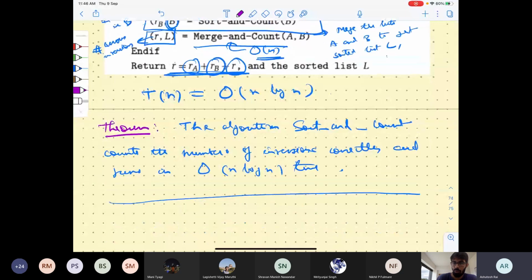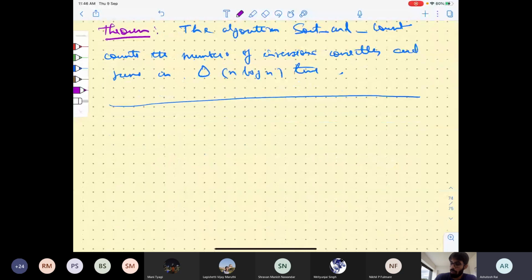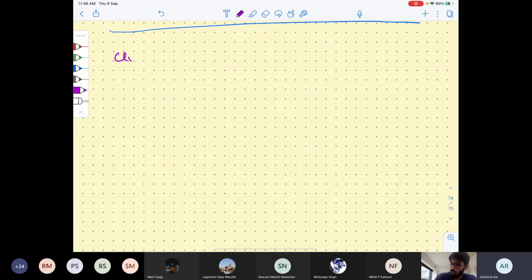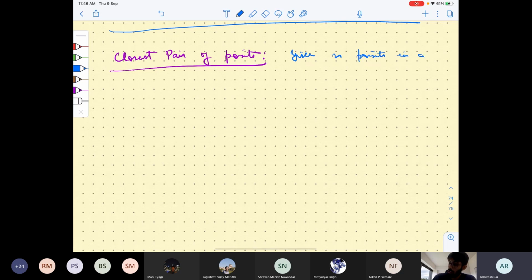Okay, maybe not. So the problem that we'll be looking at tomorrow is the closest pair of points. Given n points in a plane, find the pair that is closest.